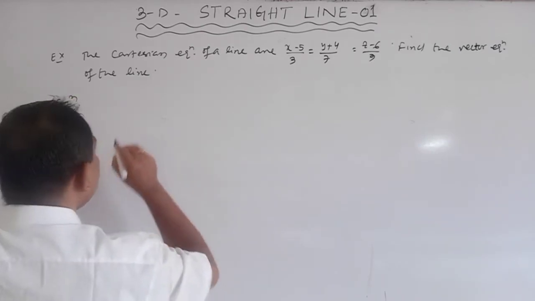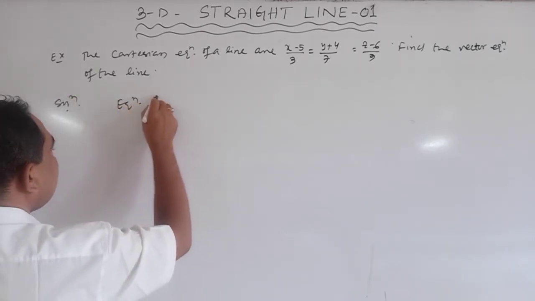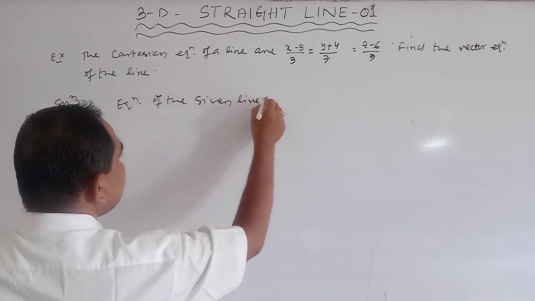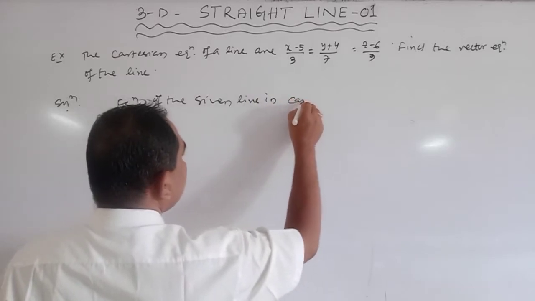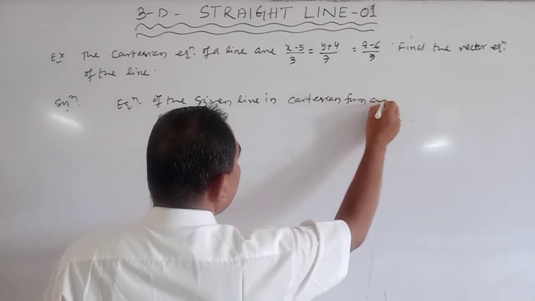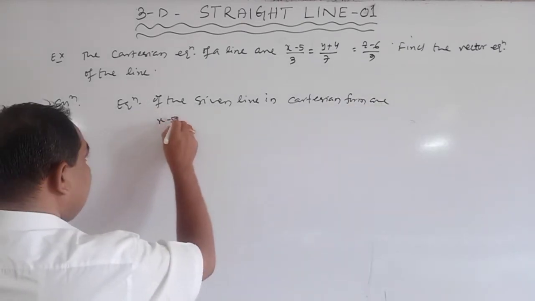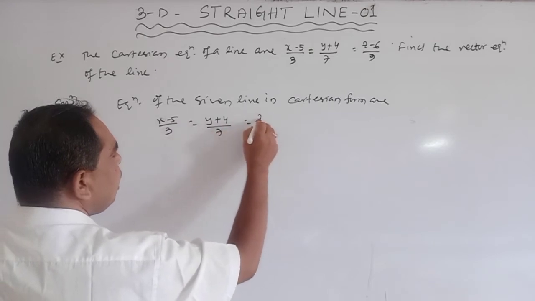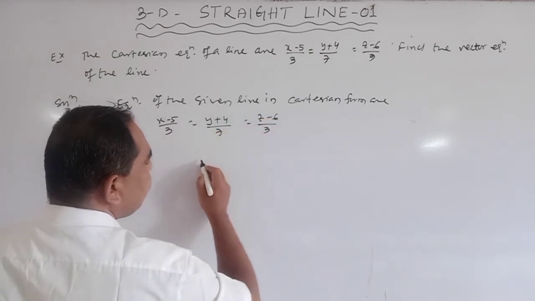Equation of the given line in Cartesian form is (x minus 5)/3 is equal to (y plus 4)/7 is equal to (z minus 6)/3 is equal to lambda, say.